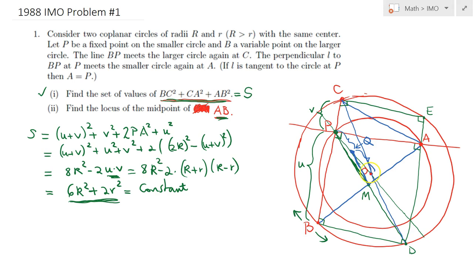And as a result, it should measure half the radius of the big circle. So therefore, my claim would be simply that this should be R over 2. But as I said, it's relatively hard to see this observation. So instead, I will be resorting to coordinates.